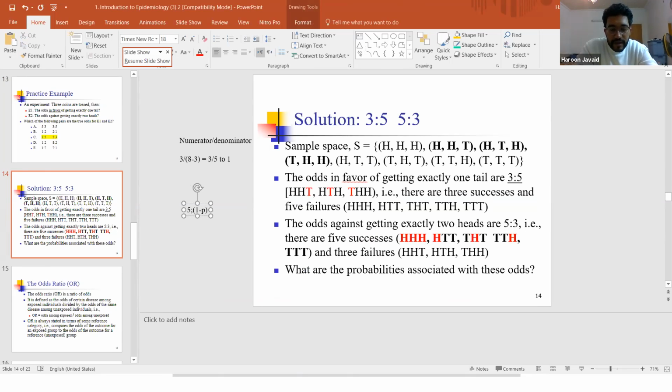So it's p divided by 1 minus p, which is equal to 5 divided by 1 minus 5, which is equal to 5 divided by 3, or 5 to 3. Make sense? The second example.